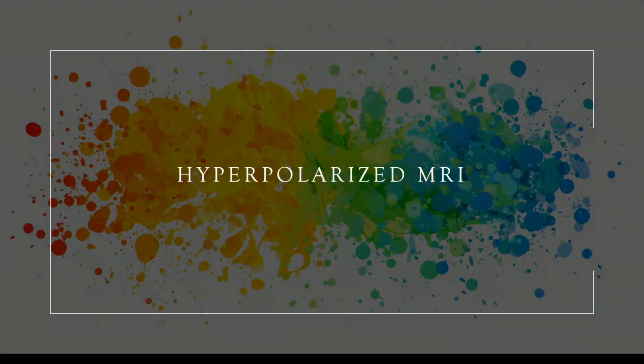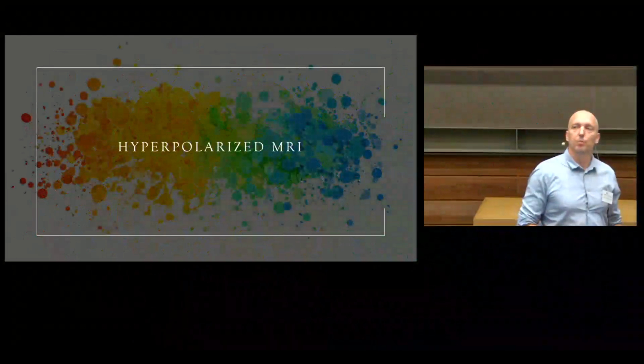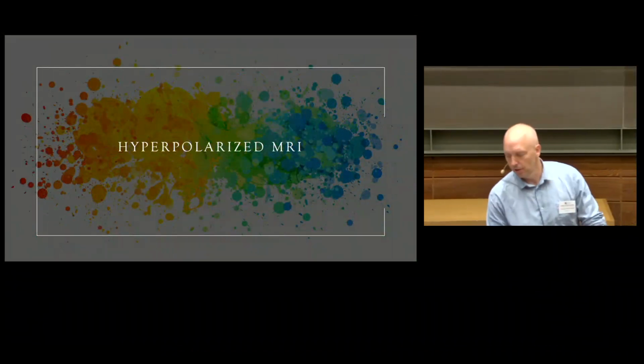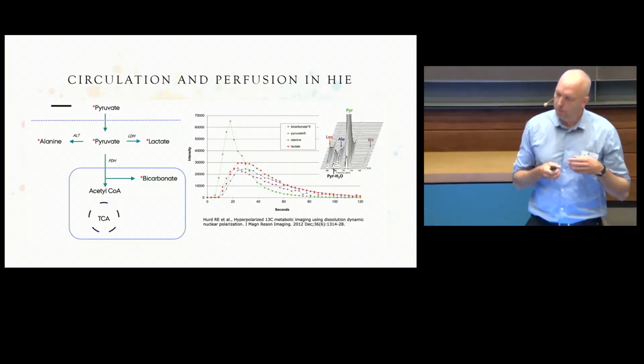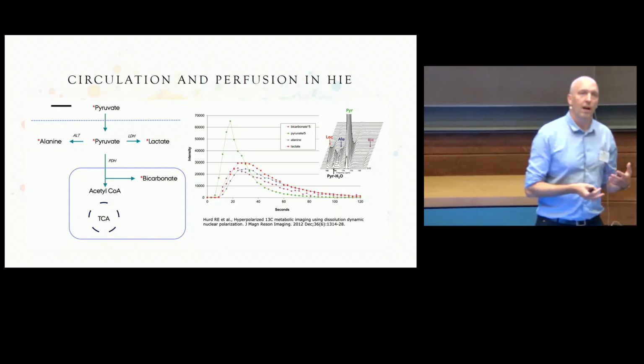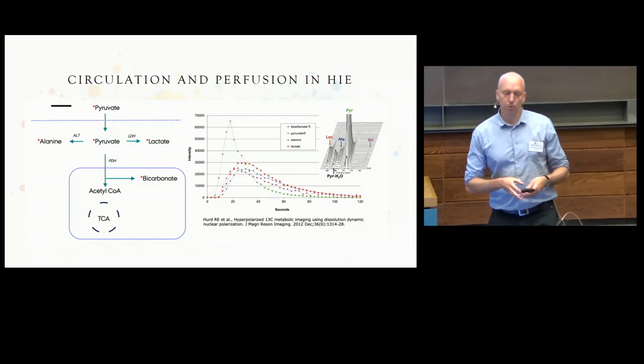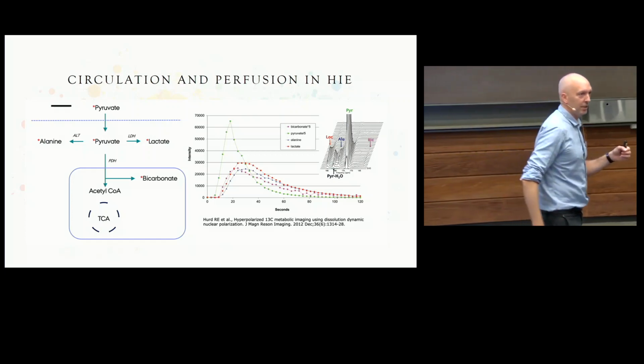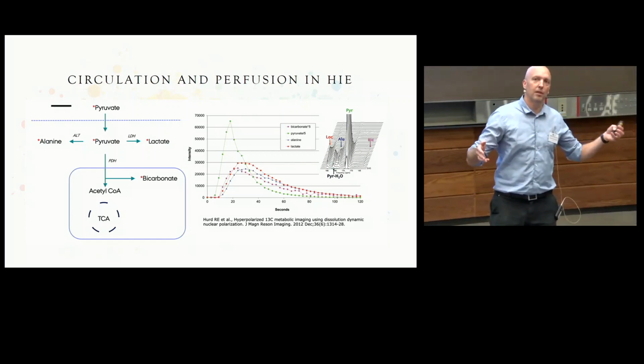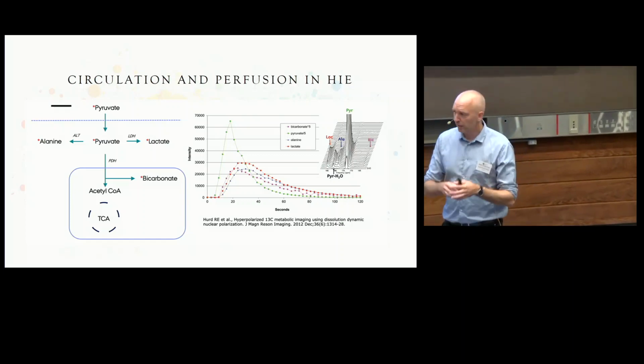Then, you know from PET scan that you can visualize the metabolic processes, so the MRI people are starting to look at that. One thing you can do is hyperpolarize C13 atoms. Then you have to run from the machine to the patient or the piglet because it deteriorates really quickly, but then you inject it.